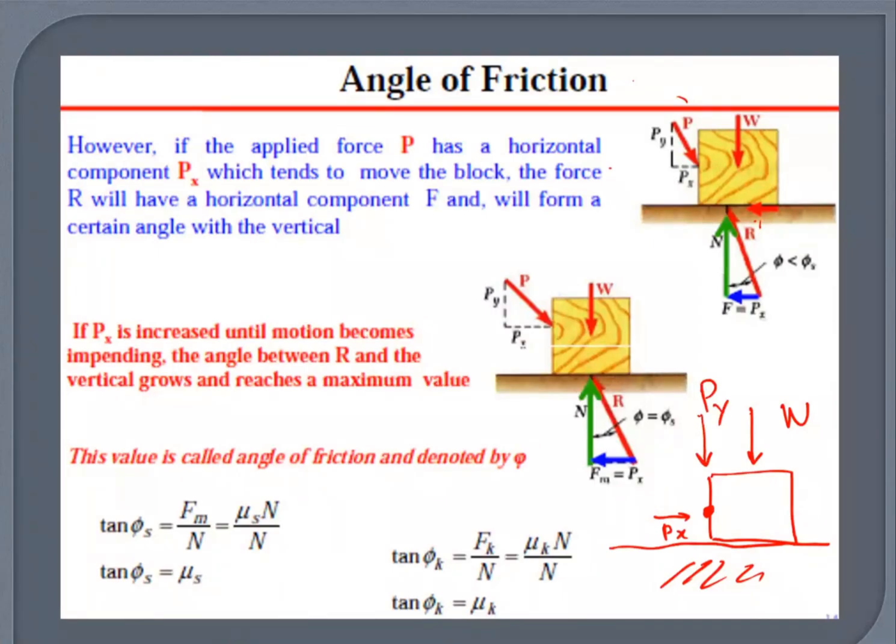So for the sum of all the forces, I will have an R, which will be the sum of Py plus W, and I will also have my Px here. If I've got the vertical component and the horizontal component, I get the resultant out. So my R would be something like this. You agree with me?